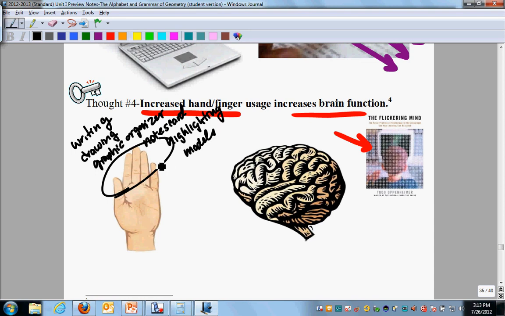All of these physical labs, when you work in physics, all of these increase hand usage, and as you increase the input through your fingers, it actually improves your brain's ability to critically think.